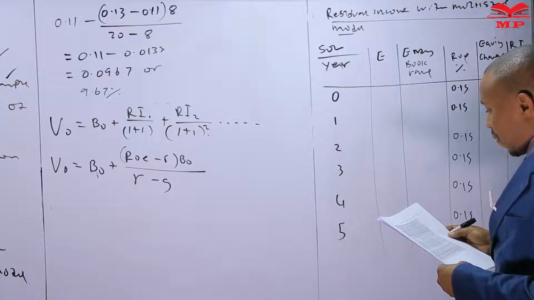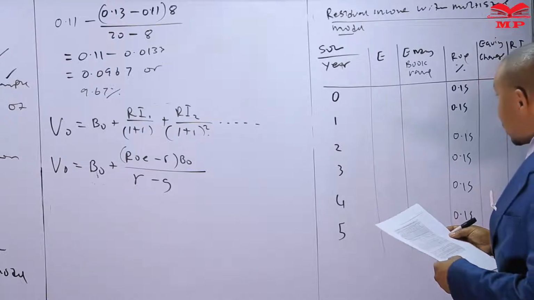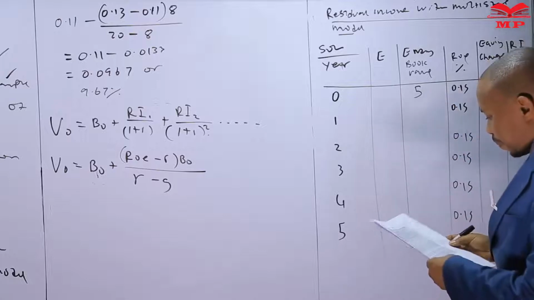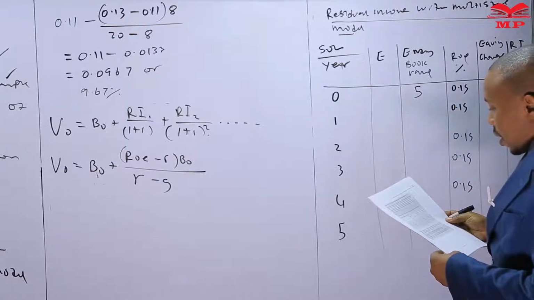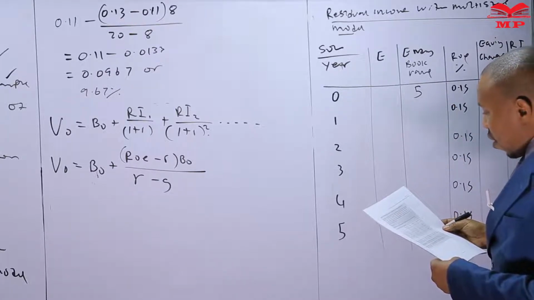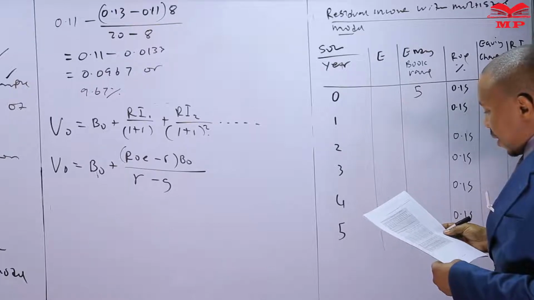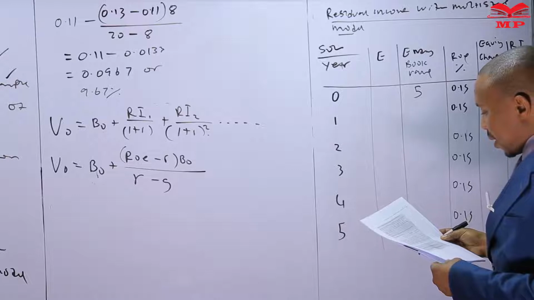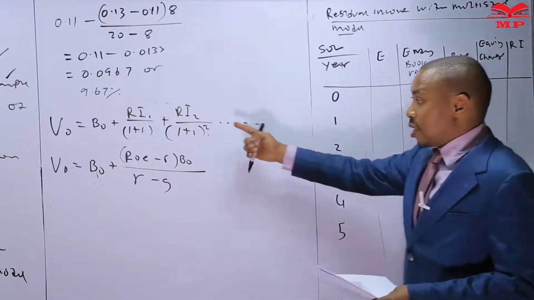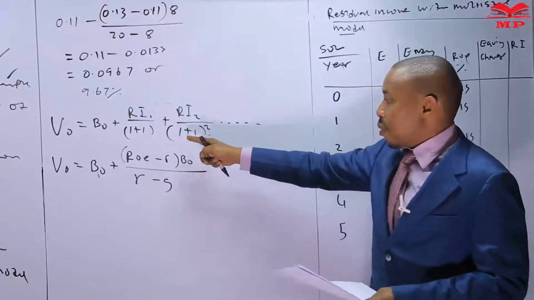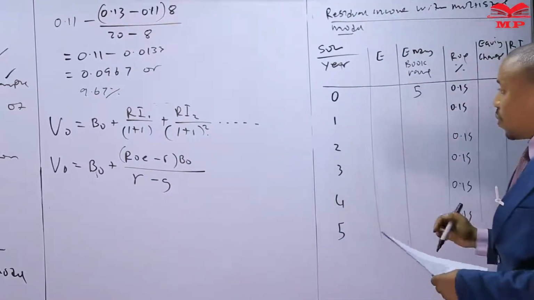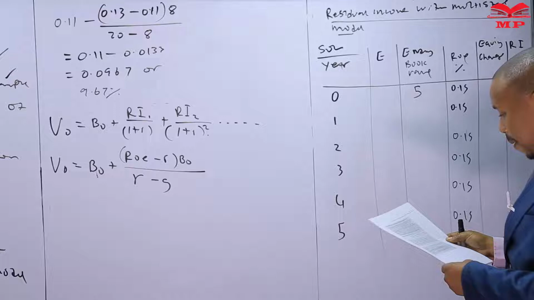Its current book value is 5 shillings per share. Currently it is year 0, which is 5 there. It pays no dividends and all earnings are reinvested. The required return on equity is 10%. We'll use that when we are discounting, where we have the R component. For the 5 years, we'll discount against the 10%.